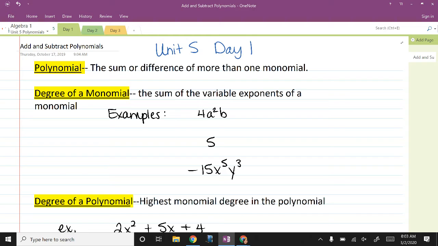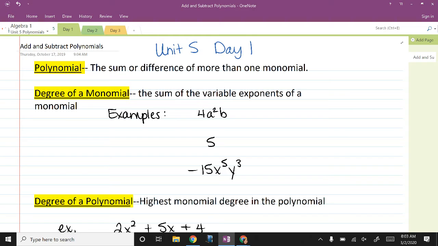So something we're going to talk about with polynomials and monomials is the degree of it. Now, to get the degree of a monomial, you add the exponents for the whole term. You add your variable exponents. So you really don't care about the number at all. You're just going to look at the variables.